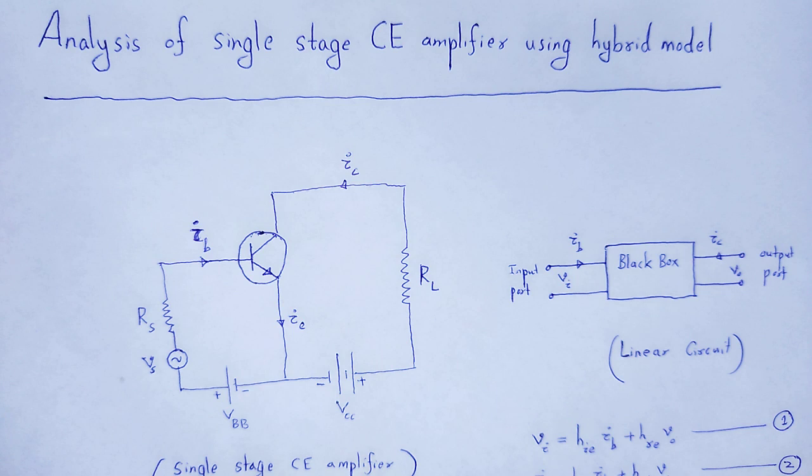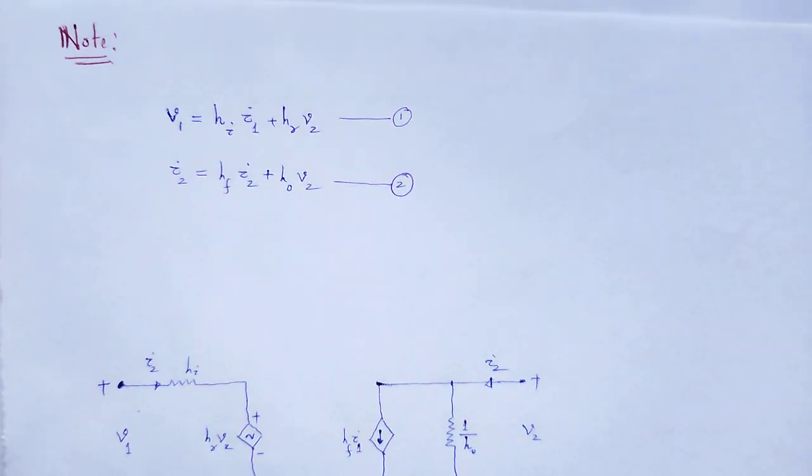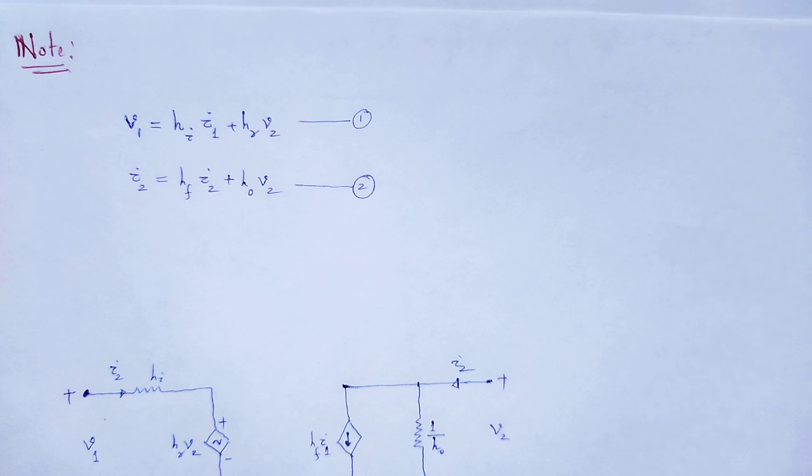Before starting the topic, we have to understand some basic key points. In the previous video lecture, we dealt with what the H parameter is, and we drew the equivalent circuit by using H parameter, or we call it the hybrid parameter.